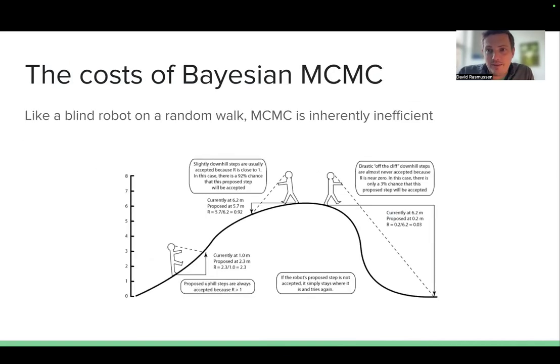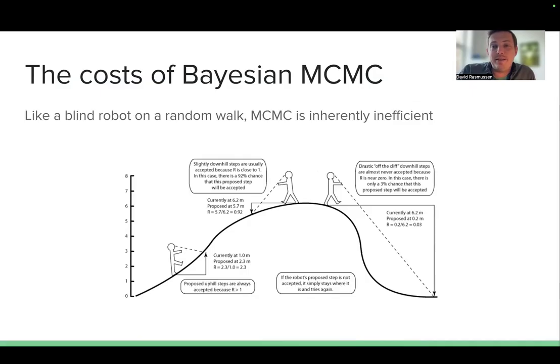So in the early weeks of the semester, we already discussed how we can think about MCMC as exploring the posterior distribution of trees or other parameters that we're interested in estimating using a random walk that we can think about as analogous to a blind robot exploring the space of trees or parameter space.